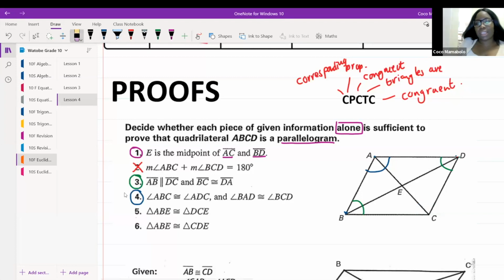Now let's look at the next one. It says, triangle ABE is congruent to triangle DCE. What do we see? I'm going to go map out our triangles. They haven't told us anything about any of the other sides.